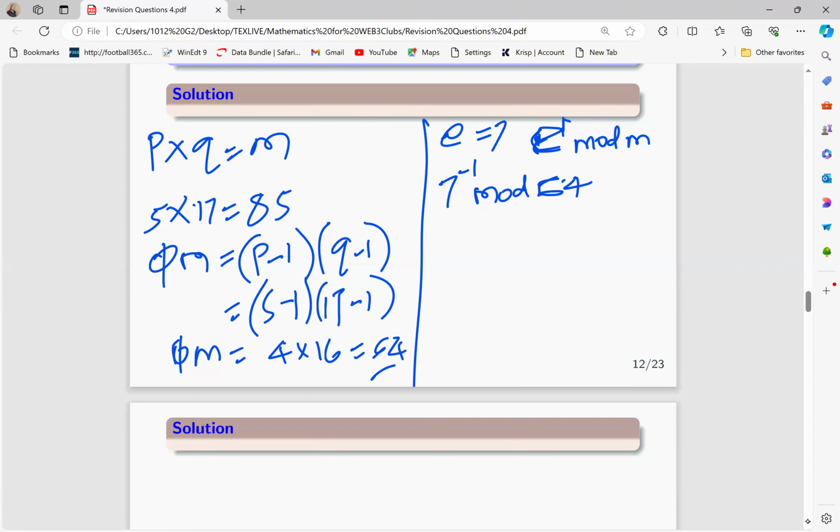They're saying that you solve for D such that 7D is congruent to 1 mod 64.